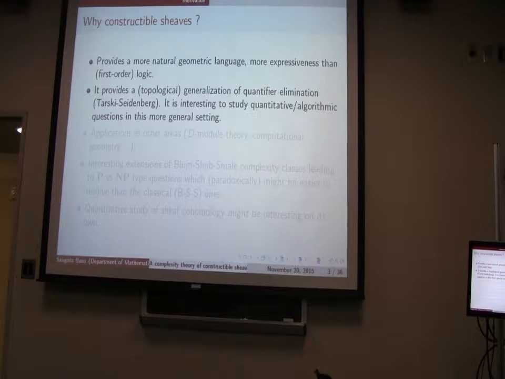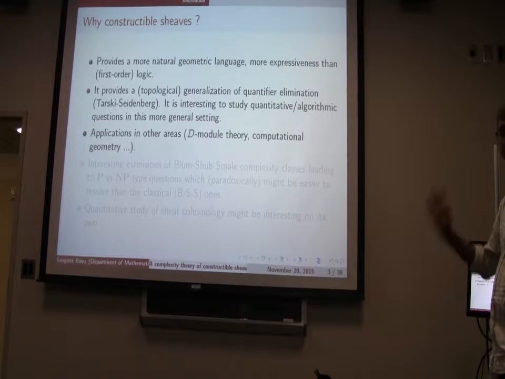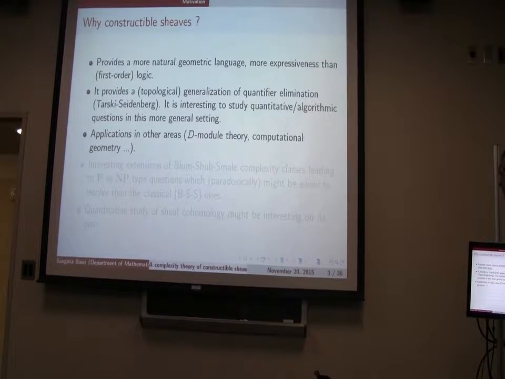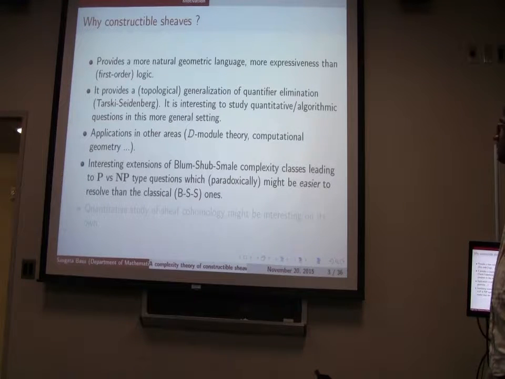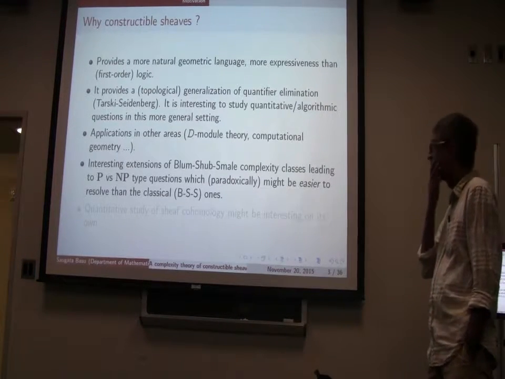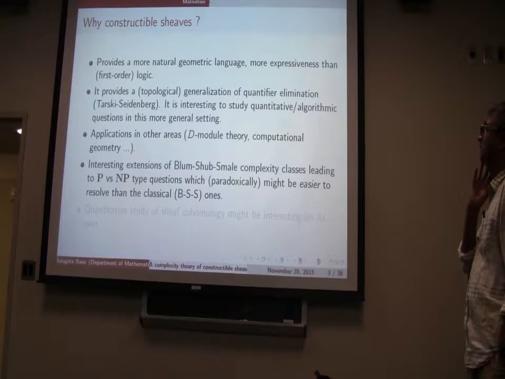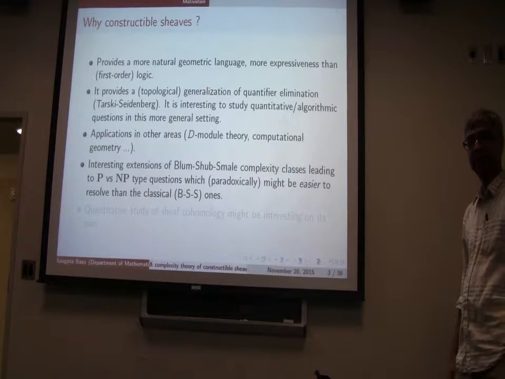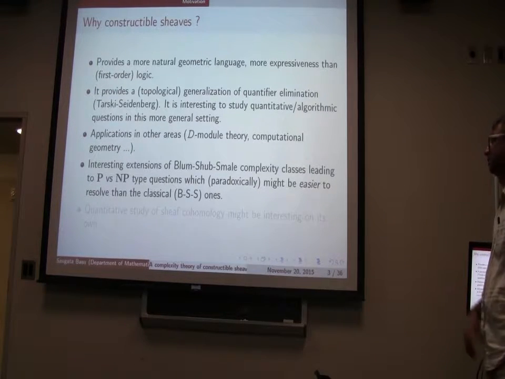And of course, they appear in other areas of mathematics, in the theory of D-modules, even in applied areas like computational geometry. And so there are some interesting extensions of complexity classes in the sense of Blum, Shub, and Smale, which, over the real numbers, are very much related to semi-algebraic sets, and then some generalizations of these P versus NP type questions, which in fact would be easier to resolve than the classical ones.